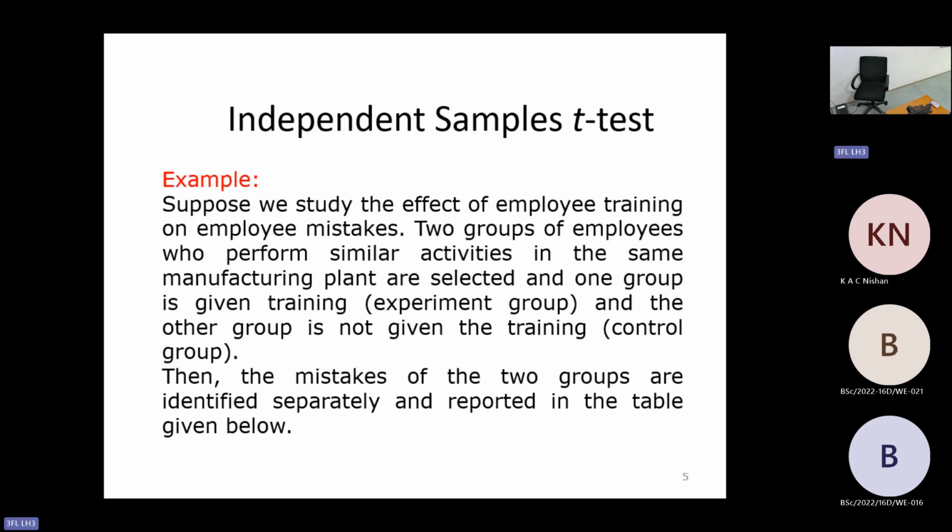Then you select another group, and you call them the control group. You give the training to the experiment group only. Let's take this example.